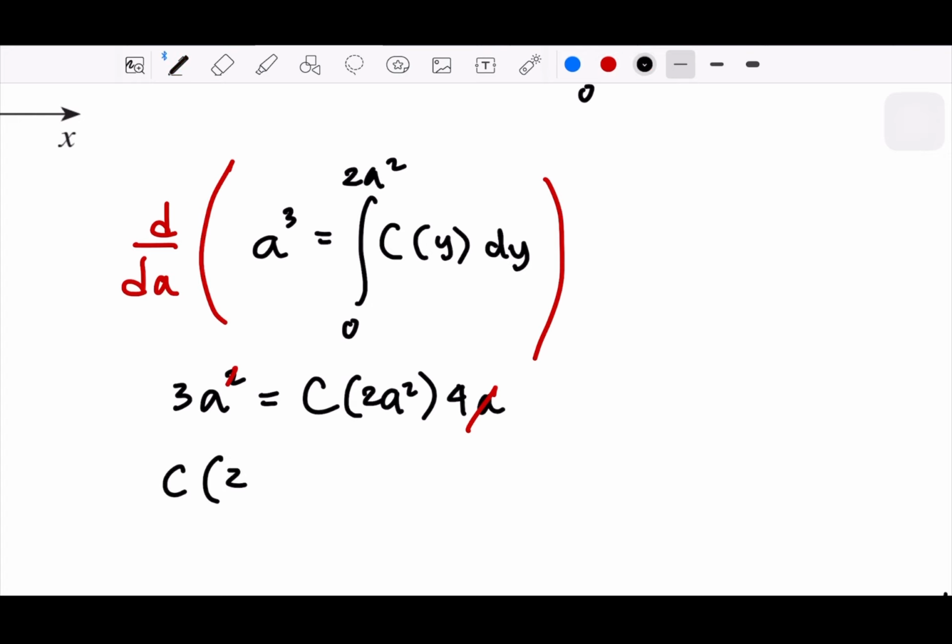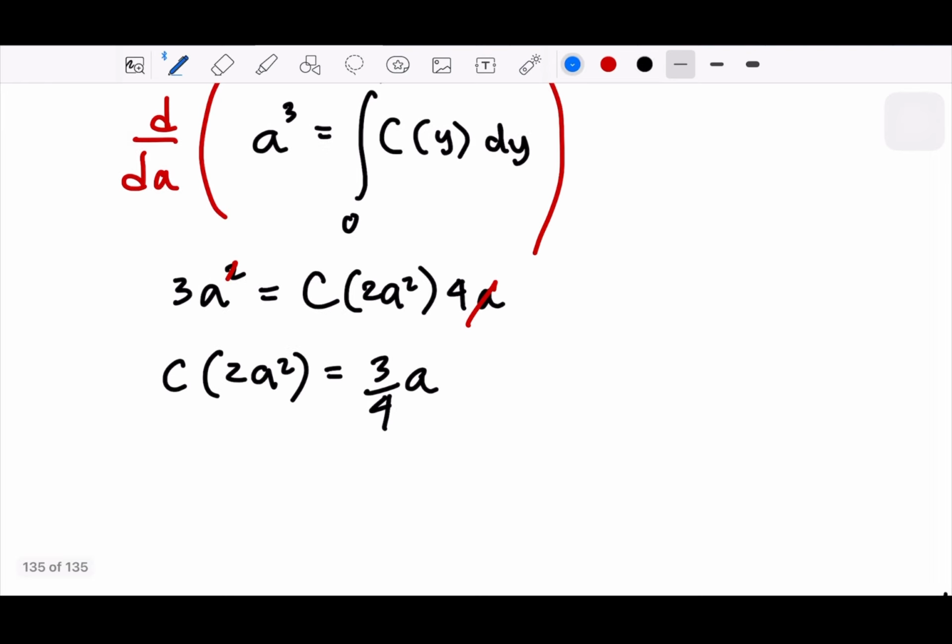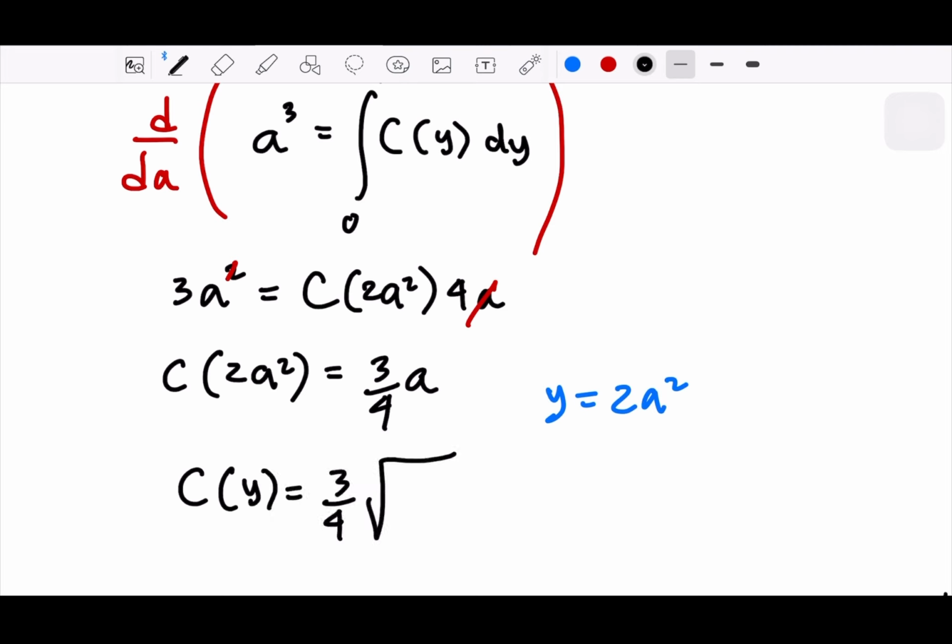So c 2a squared is equal to 3 over 4a. So remember that if we have y equal to 2a squared, then we can write cy as 3 over 4 square root of y over 2.